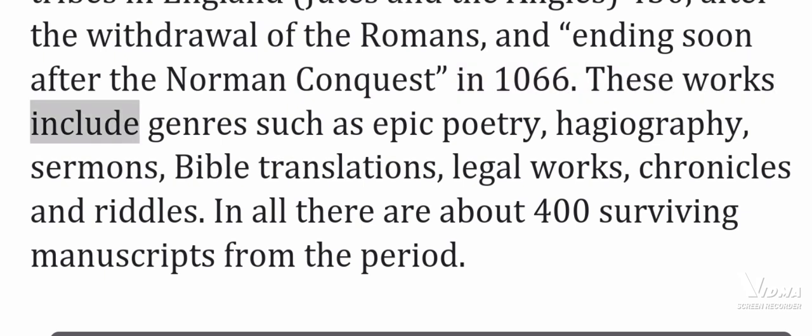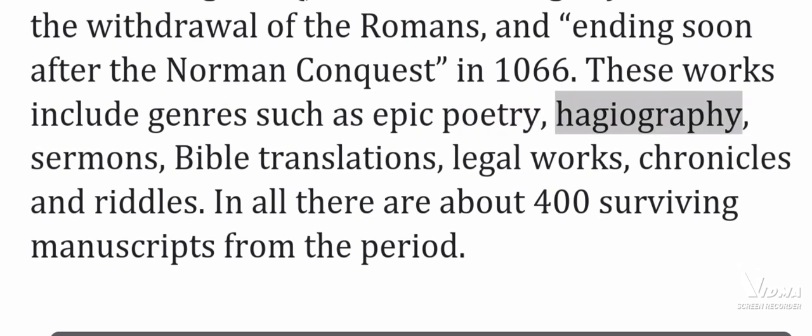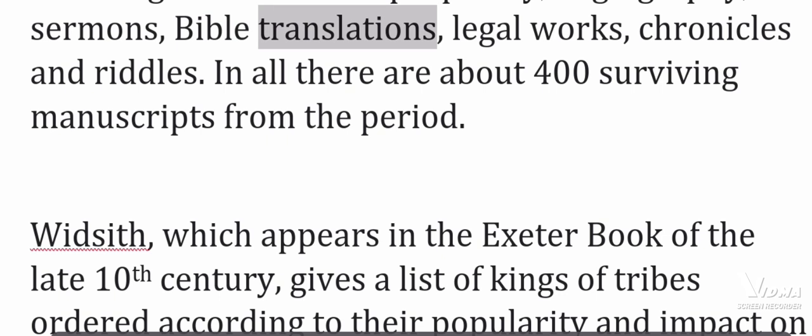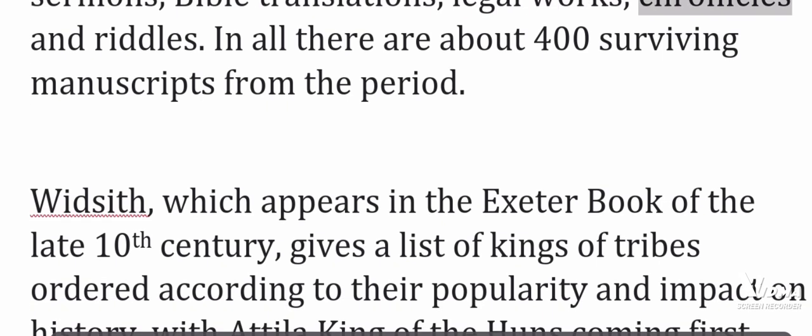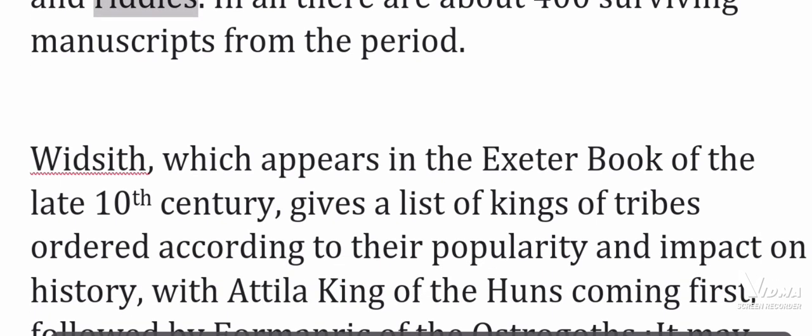These works include genres such as epic poetry, hagiography, sermons, Bible translations, legal works, chronicles and riddles. In all there are about 400 surviving manuscripts from the period.